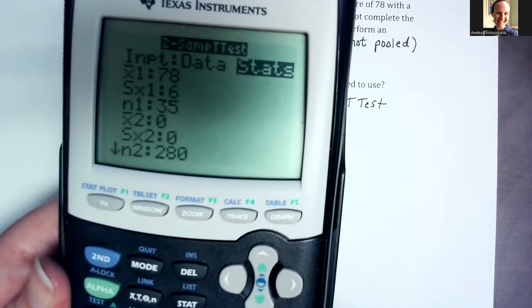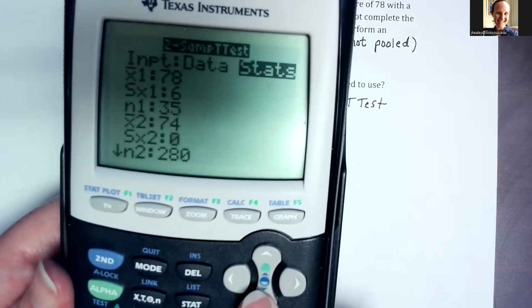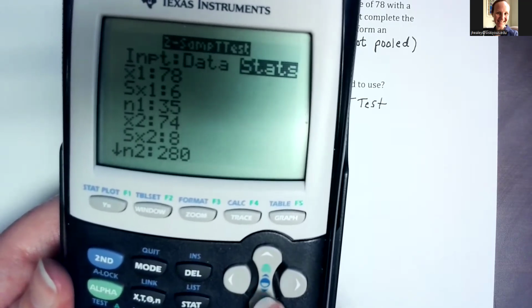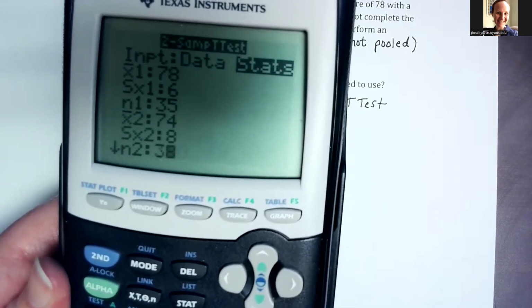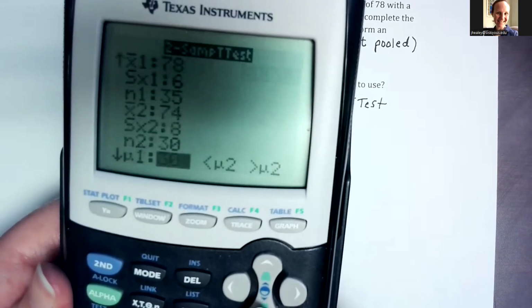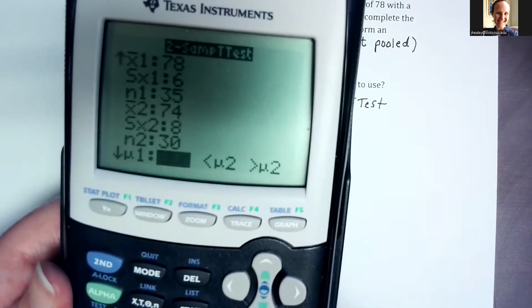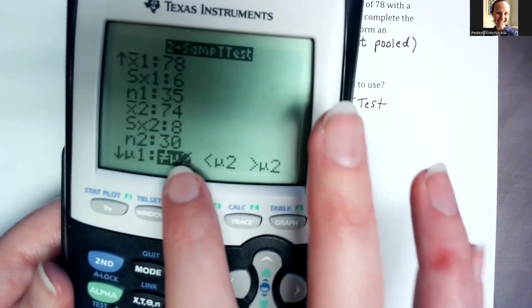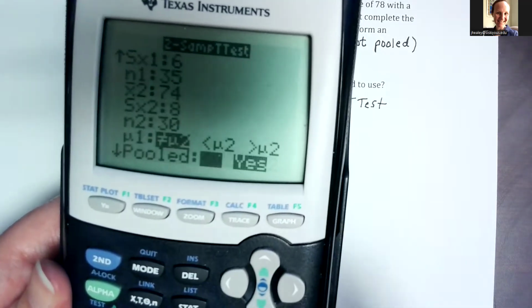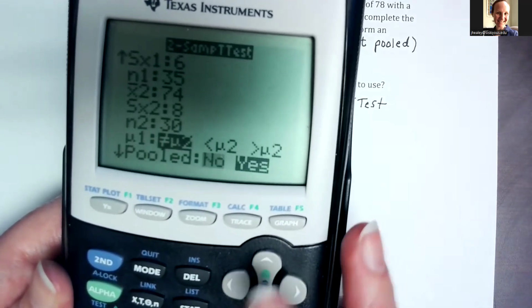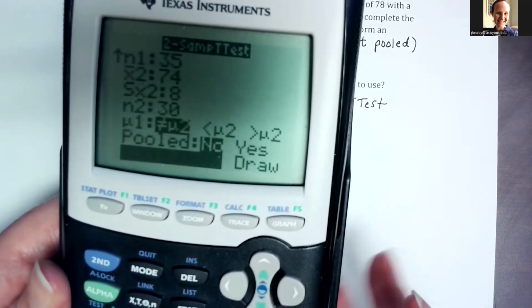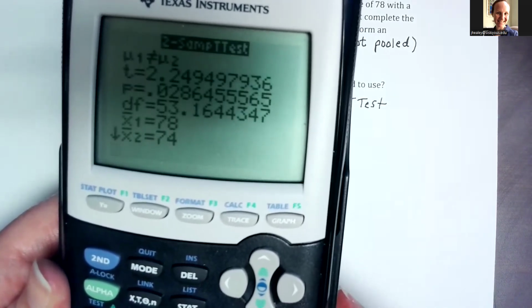Our second sample mean was 74, the standard deviation for the sample was 8, and we had 30 people in the second group. Our alternative hypothesis has a not equal to sign in it, so we're going to leave it there. And for pooled, we're going to select no and hit calculate.